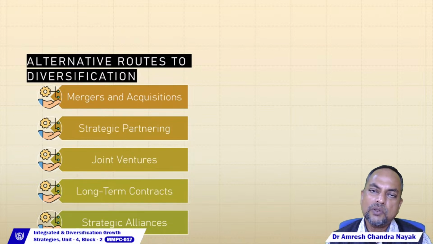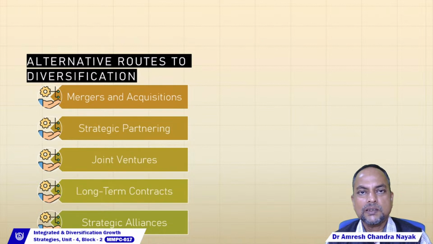These long-term contracts are a part of internal integration. Here you have an agreement with the suppliers of the organization, basically a buyer-supplier agreement, taken over a very long period, just to ensure that all of your operational or functional level problems are taken care of, right?